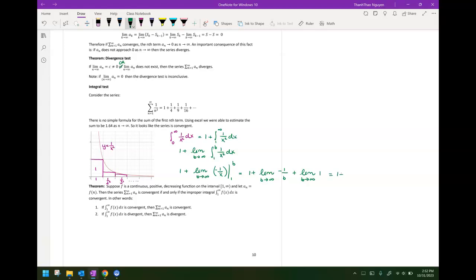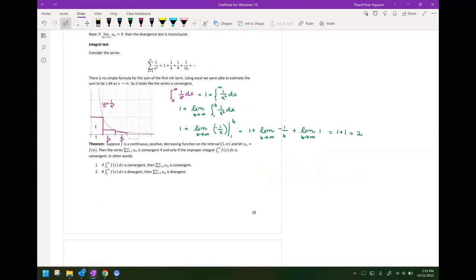So this is 1 plus 1, which makes 2. So then we can see that the area under this curve gives 2. So this will be a good estimate for the sum of the series.